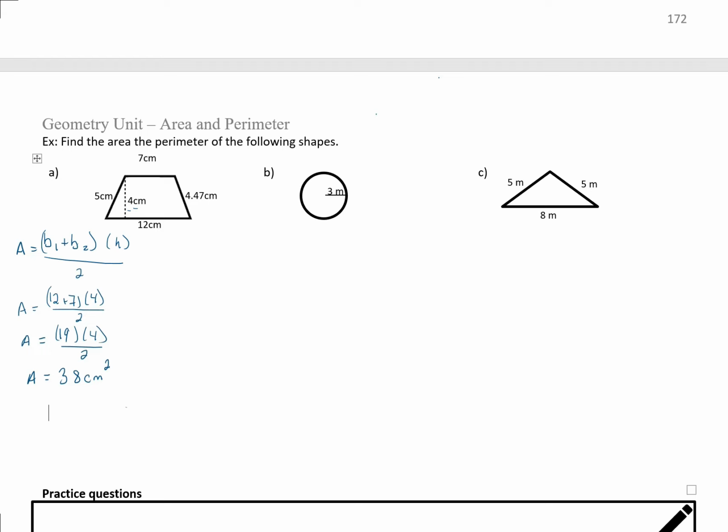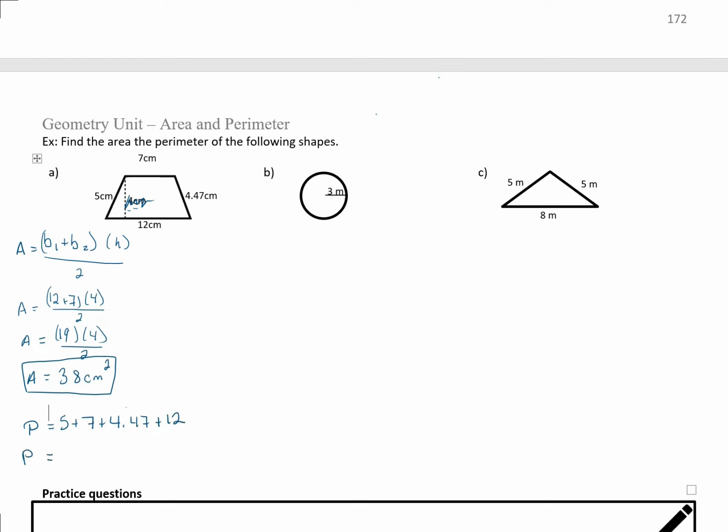And if that's our area, our perimeter, we just add up all of the outside sides, right? We don't have to worry about the height because our perimeter's like we're walking around the outside. So perimeter is 5 plus 7 plus 4.47 plus 12.